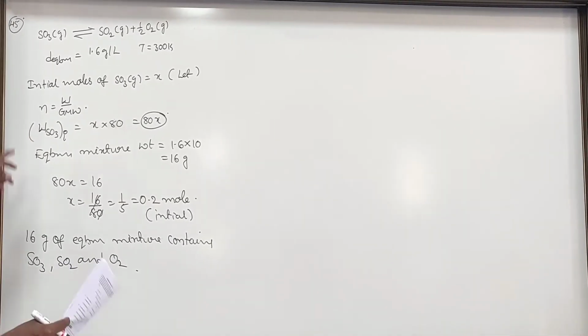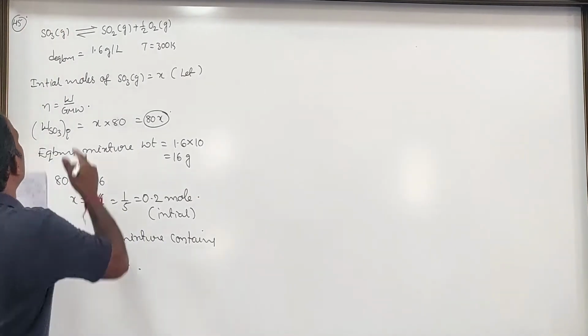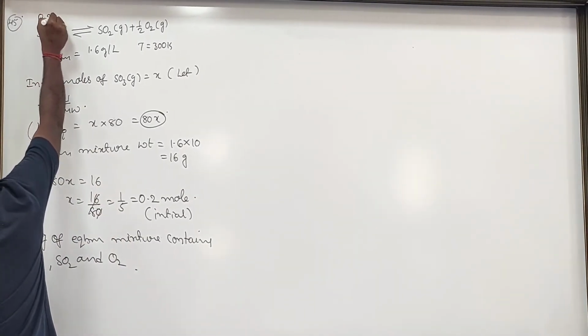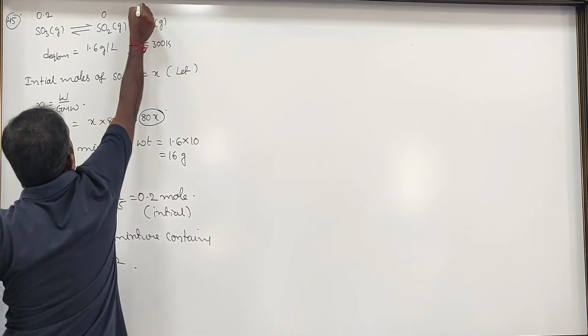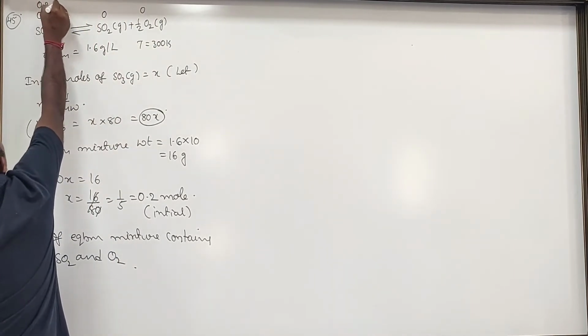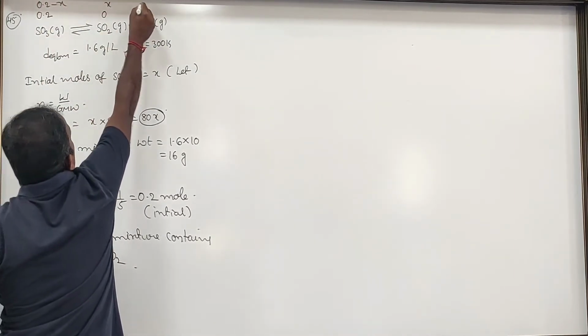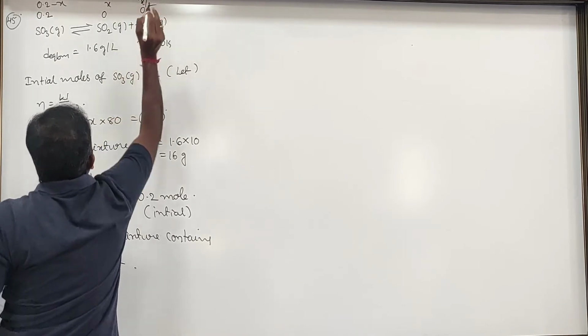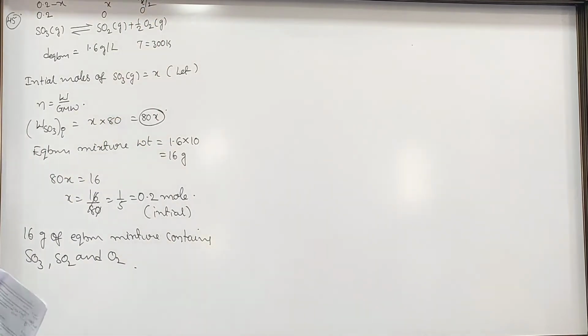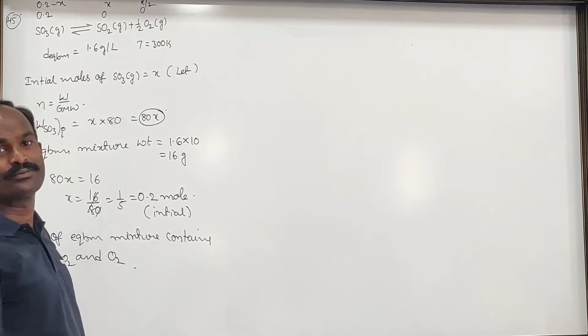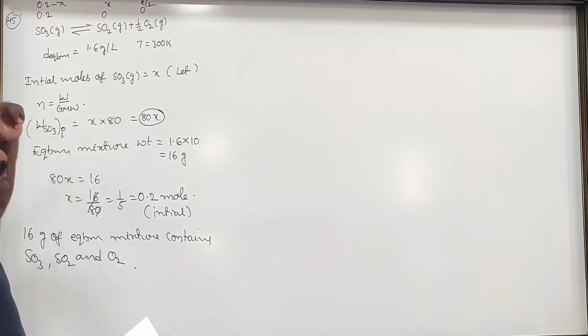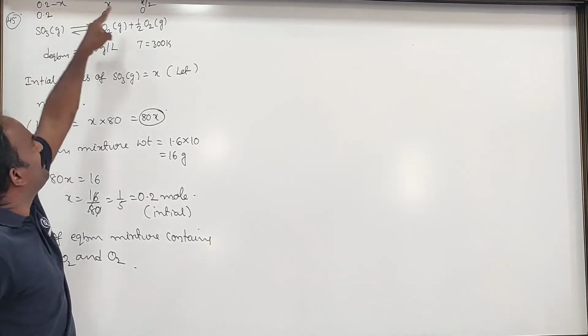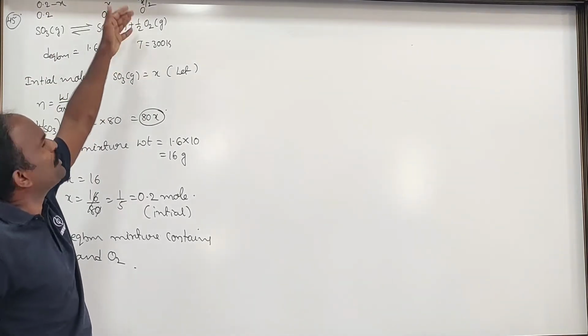Definitely not. Even if you take 0.2, 0, 0, it becomes 0.2 minus x, x, and x divided by 2. Now the total is 0.2 plus x by 2. This can never be equal to 0.5, no doubt about it, because out of 0.2, even if it increases, it can go up only to 0.25.